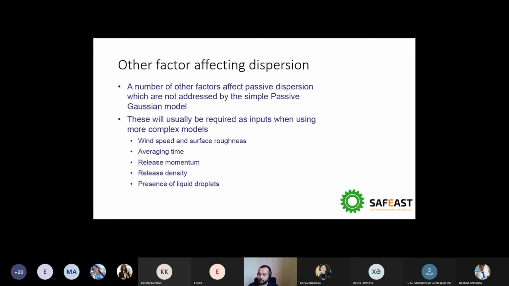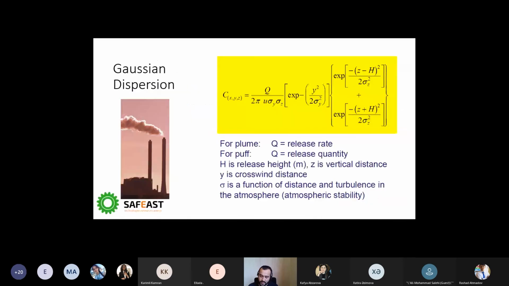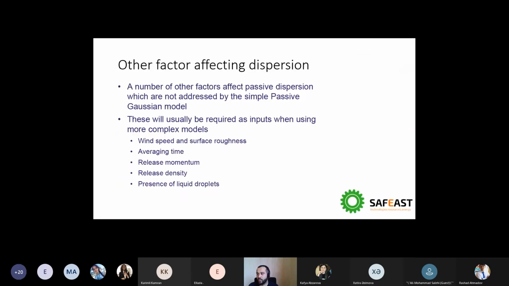Of course, as I said, this is a very simplified mathematical model for hand calculation, but some computer software also uses the Gauss passive method for calculation. But there are a number of other factors affecting dispersion which cannot be addressed by Gauss because it is a simple mathematical model.